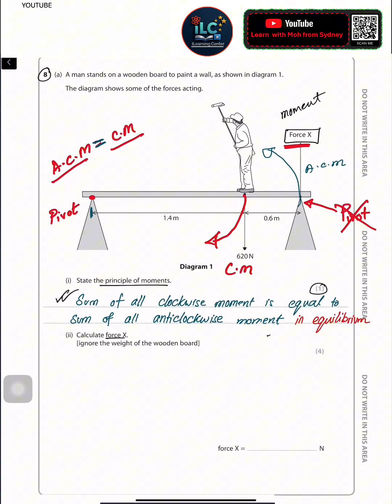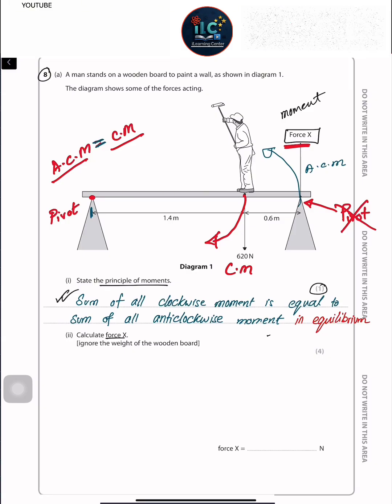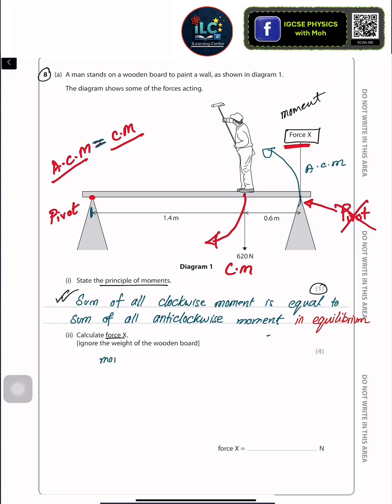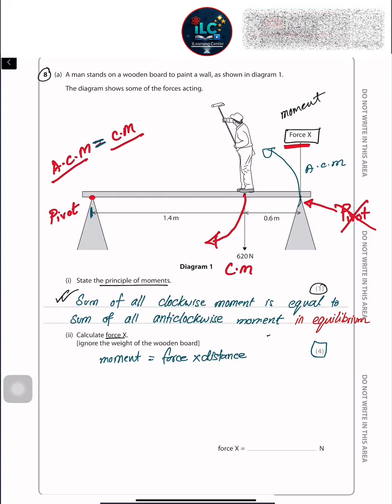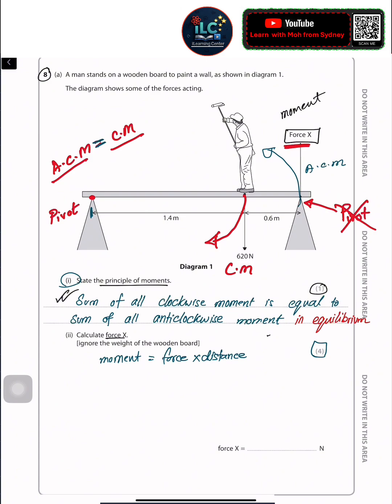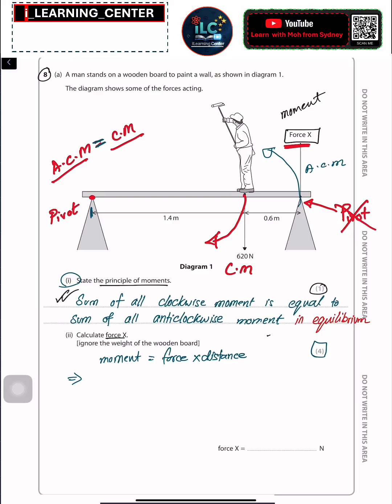So let's do the clockwise first. I'll say moment is equal to, because it's 4 marks here, I will try to explain as much as we can, force into distance, and we will also use the principle of moment. They are also giving you hints with this sort of thing, that if you know the principle of moment, you can apply it down here. So here we are having a force.